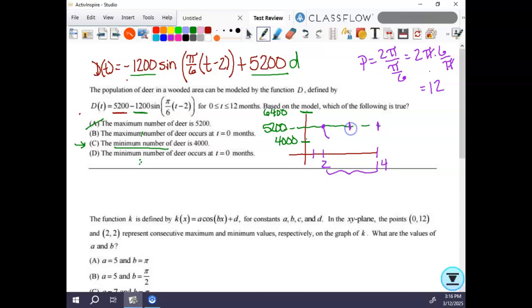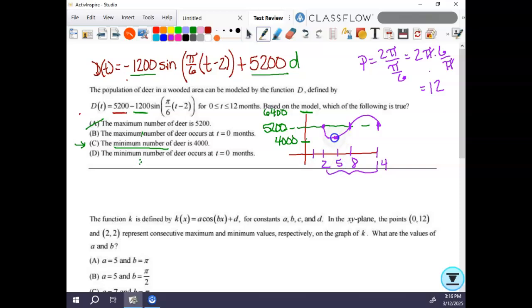That would be my period. So halfway in between here, I have to come up and then come back down like that. So there's no way that I'm going to have another minimum or maximum at 0 if I back up some. It took me, so let's see, halfway between 2 and 14. This would be at 8. This would be at 5.